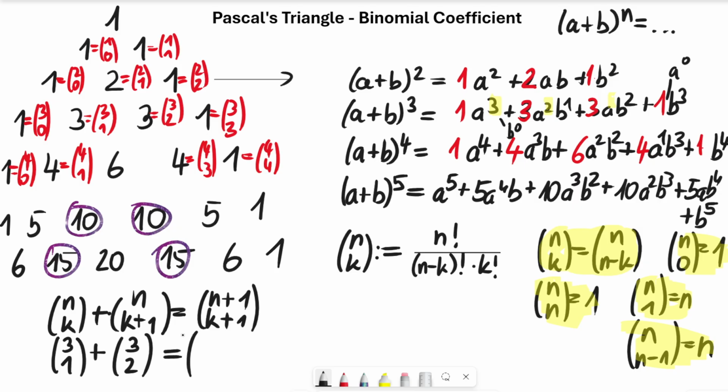What is it? According to this rule, you have to increase the 3 to 4, so 3 plus 1. And you have to use k plus 1, which is actually here 2. So we have 4 choose 2. And you can see it here in Pascal's triangle. And this is what we did. We constructed it like this, that we added these two, 3 plus 3 was 6.